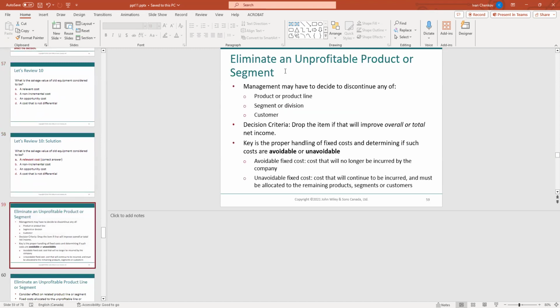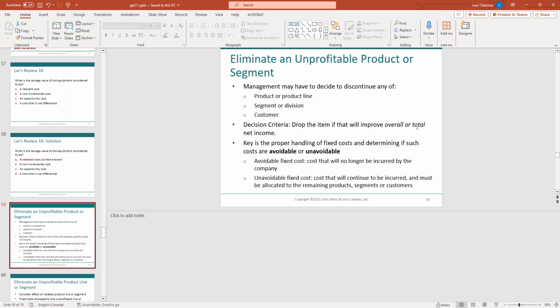Now we have to see how to eliminate an unprofitable product or segment. So management, as a manager one day, you have to decide, should I discontinue any product or product line, segment, division, or customer? Decision criteria is, you're going to drop them if you improve overall income. So if you see an increase in income, eliminate the client, or the product, or the division.